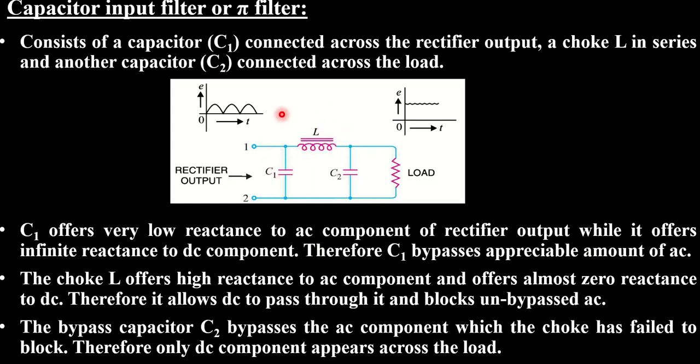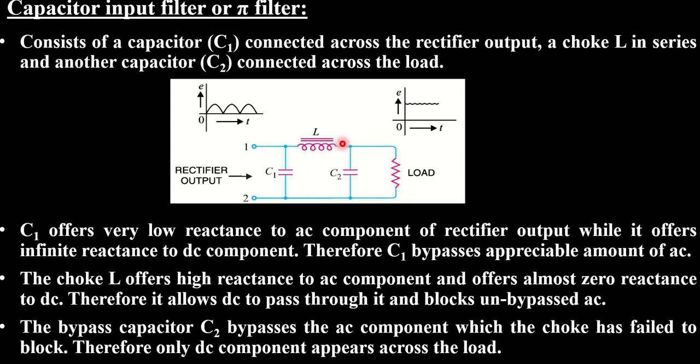Here there are two capacitors and one inductor coil used. So this C1 is a capacitor which is connected across the rectifier output and is connected in series with the choke, and the second capacitor C2, that is the third filtering unit of this one, is connected across the load resistance.